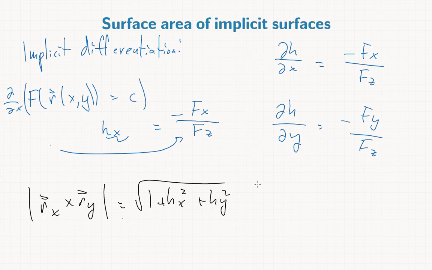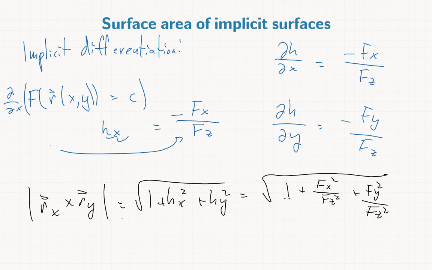And so having these, we get root 1 plus fx squared over fz squared plus fy squared over fz squared. We can bring all of that over, so we can bring that as fz squared plus all of this over fz squared, and this is a square root.